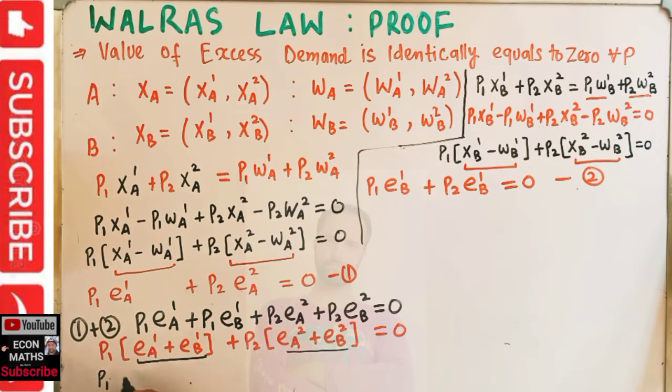P1 Z1, that means aggregate excess demand of good 1 by person A and B. I have denoted it by Z. Plus P2 Z2, and this also shows aggregate excess demand of good 2 by person A and B. Z2 shows us the aggregate excess demand of good 2 by person A and B. Okay, and it is equal to 0.